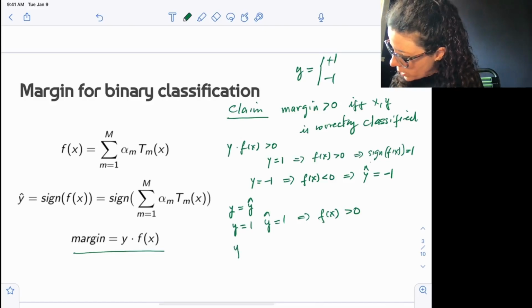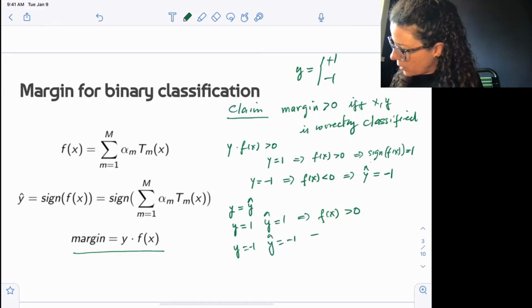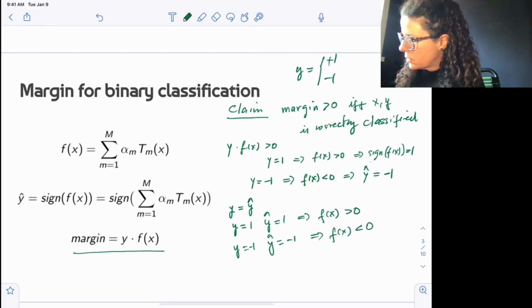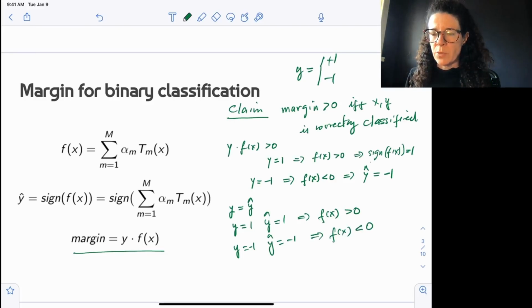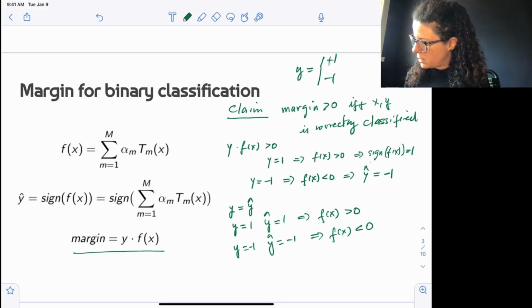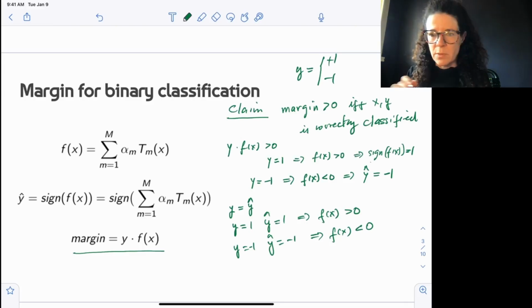Now, if y is equal to -1, then y hat is equal to -1, and that implies that f(x) is less than 0. So again, the margin, which is y times f(x), is bigger than 0. Actually, we just did that, so never mind.